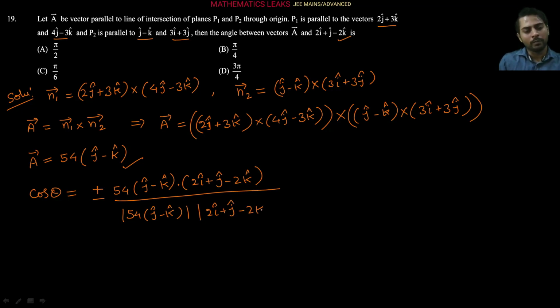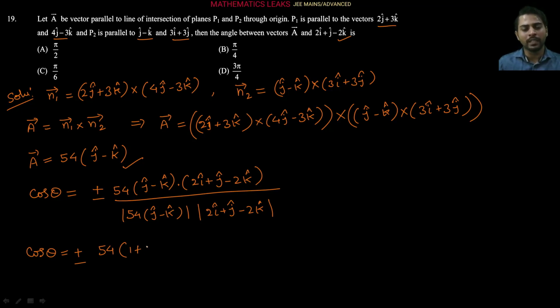So now from here cos theta is equal to plus minus, this will be coming as, just you can see here 54 as it is. Now j dot i is 0, j dot j is 1, so that is 1 here. j dot k is 0 and similarly k dot i is also 0, k dot j is also 0 and k dot k is 1, so minus 1 into minus 2 is plus 2, so that it is.